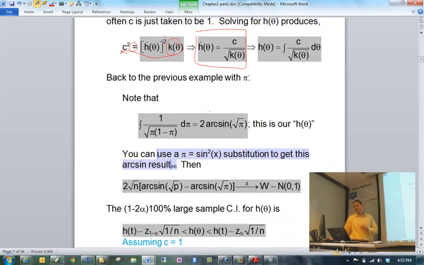So, going back to this confidence interval for pi example, we had that problem of pi being in our variance. So how can I get rid of it? Well, k of theta was equivalently pi times 1 minus pi. So I could take the integral of 1 over the square root of that. And going back to your calc 2 days, you could find that this is equal to 2 arc sine of the square root of pi.